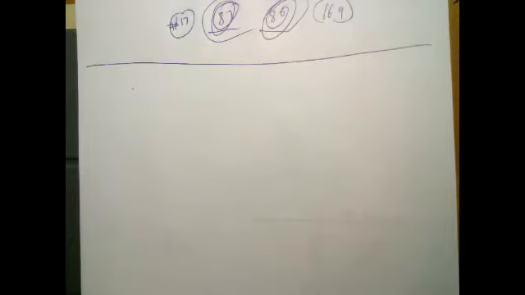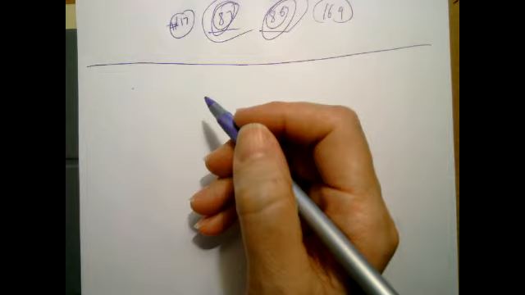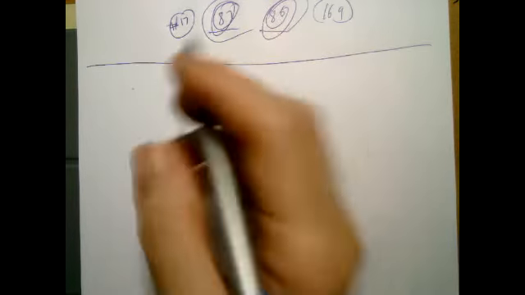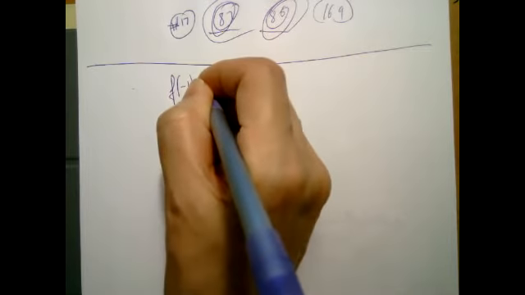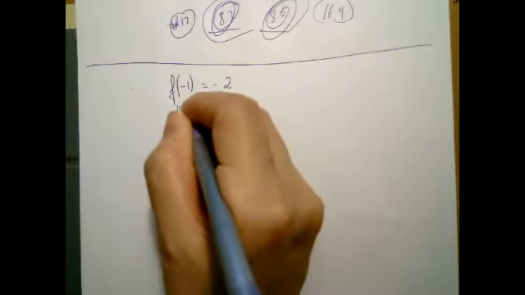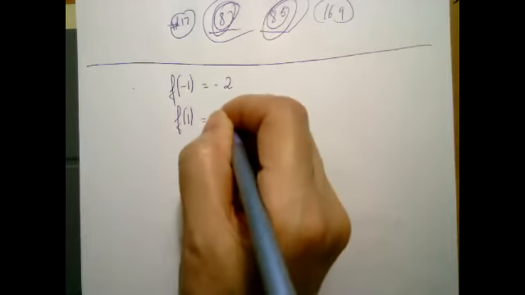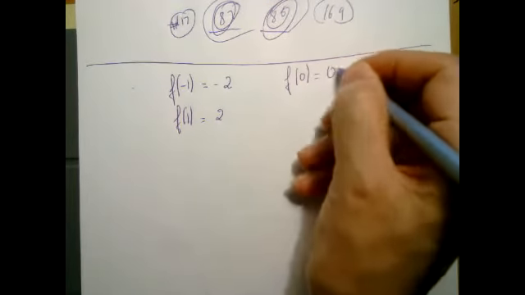So 87 and 86. We start with 86, and the question is, make a possible graph of a function that satisfies all of the given conditions. Okay, so we want a function that satisfies the following conditions. It takes -1 to -2. It takes 1 to 2. It takes 0 to 0.